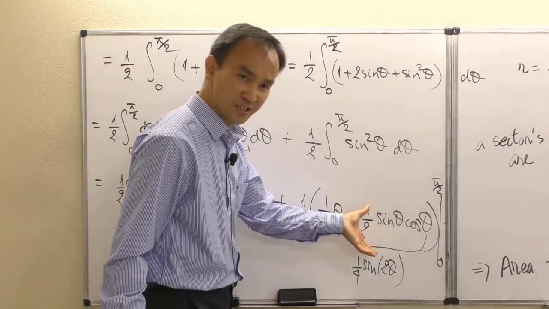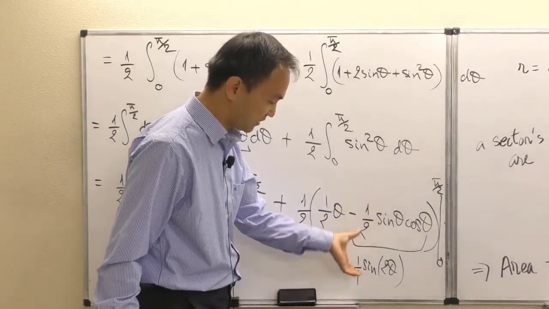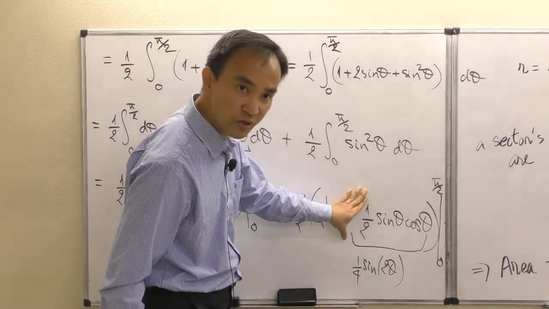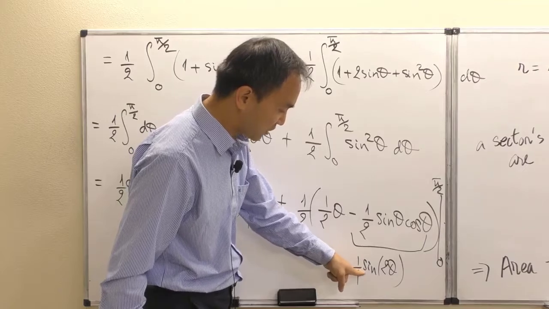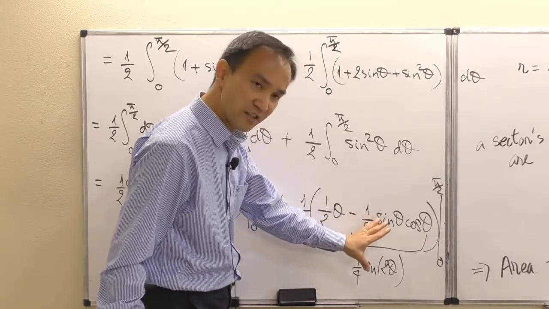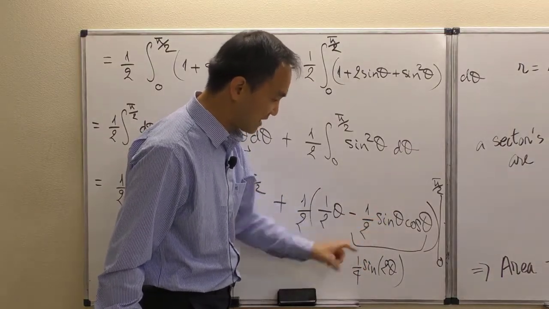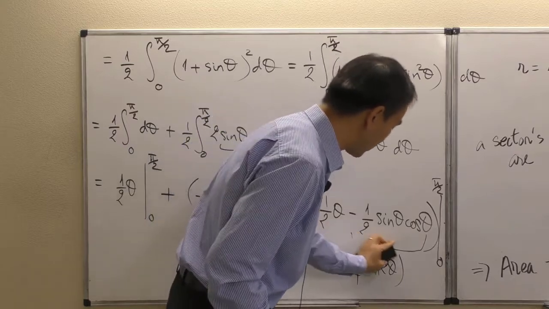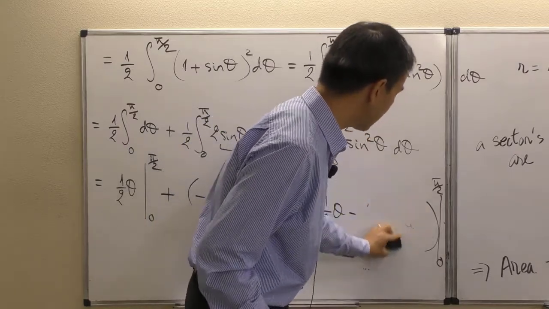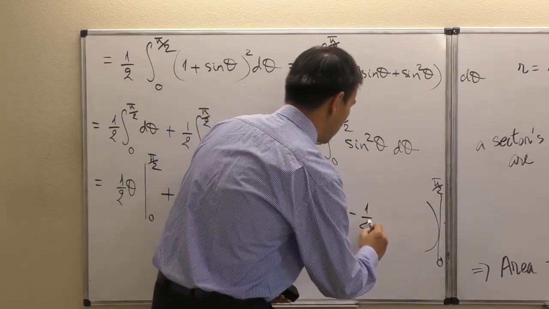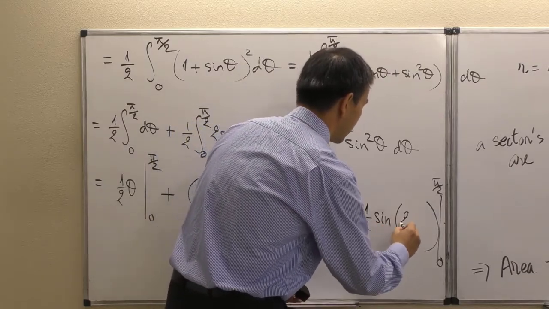With your understanding of trigonometry, it should be enough for you to see that 1/2 times sine theta cosine theta will equal exactly 1/4 sine of 2 theta. So I'm leaving that for students of mine and viewers to verify. But for that reason, instead of writing the lengthy form, I'm going to write this as 1/4 times sine of 2 theta.